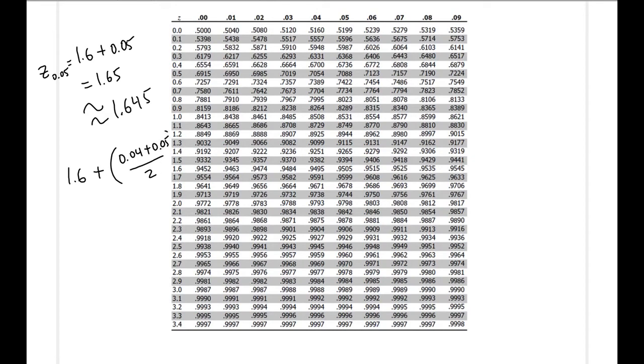All right, and if you divide them, you will see what we're going to get. That's going to be 0.045. And as a result, this is equal to 1.645. And of course, you can use the calculator to find this value. That will be easy. But I'm just showing you how to use the table because in this case, we didn't need to use the calculator to find this value.